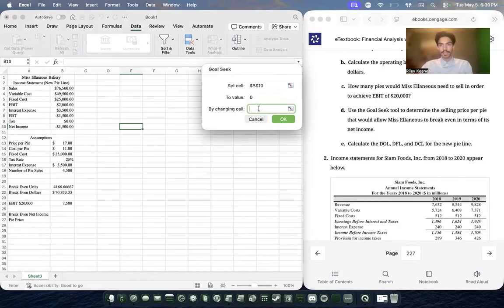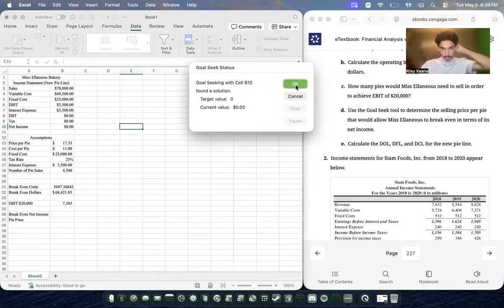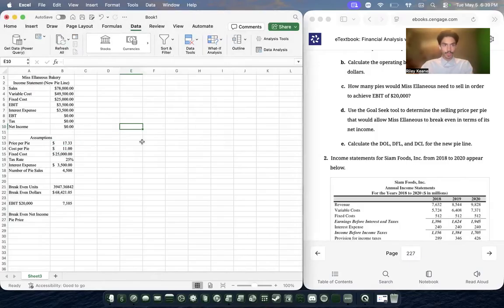So we're going to set the net income to 0 by changing the cost per pie, or the price per pie, sorry. When we do this, we find that the new cost per pie to break even on net income is $17.33.